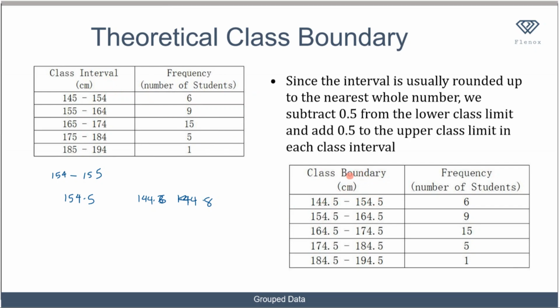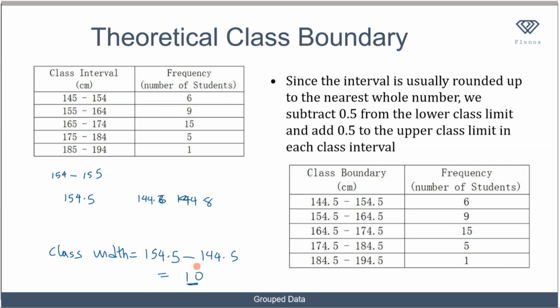So the final concept to discuss is the class width. The class width is just equal to the upper class boundary, in this case 154.5, minus the lower class boundary, which is 144.5, and this gives me 10.